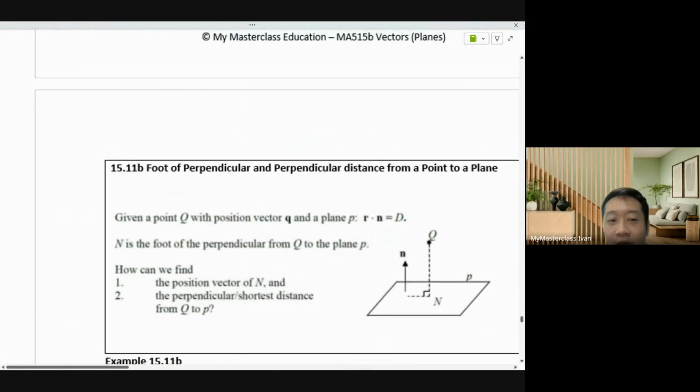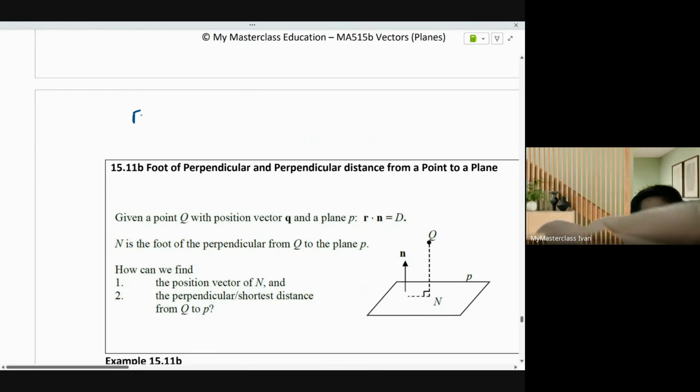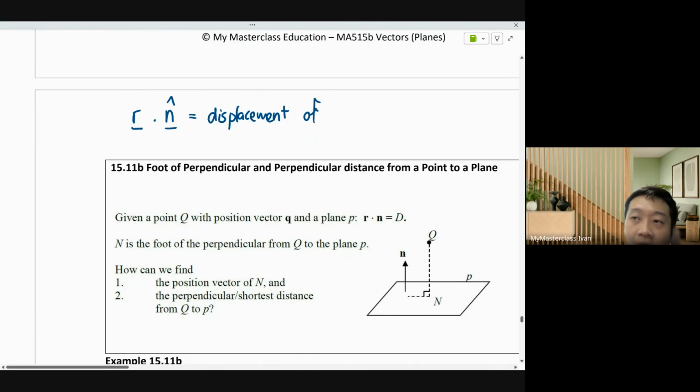On top here, 15.11b. Come, write down this for me: r dot n hat equals the displacement of the plane to the origin.